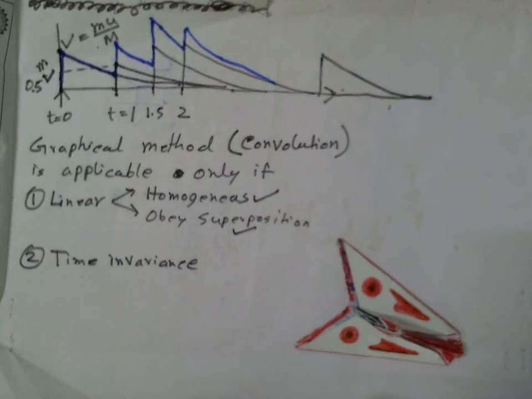Therefore, we assume that the rocket is much heavier than the total amount of fuel it is carrying. Therefore, the effective mass of the rocket remains the same. So that is what time invariance is.